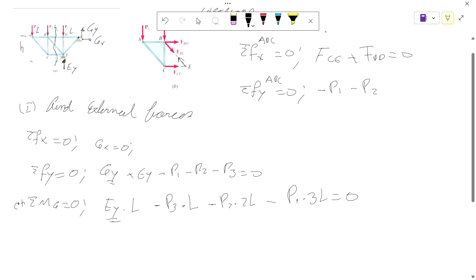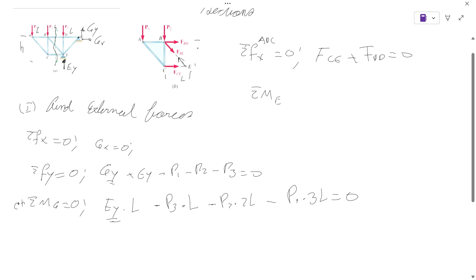So what we can do instead is let's do summation of moments at E. And that's why we cut the section away from E, because we can use this length as our distance. And of course, this is H. All right, so summation of moment around E is equal to 0.